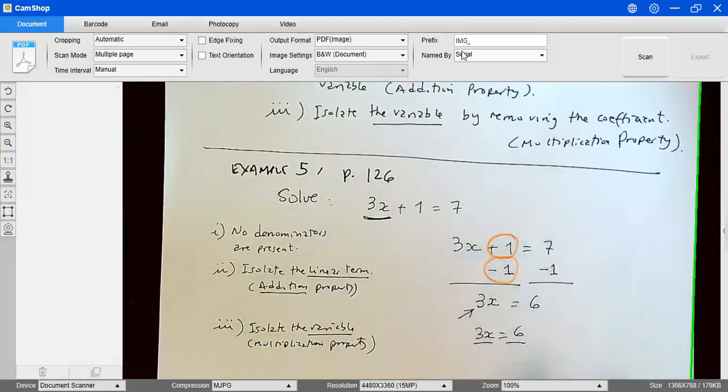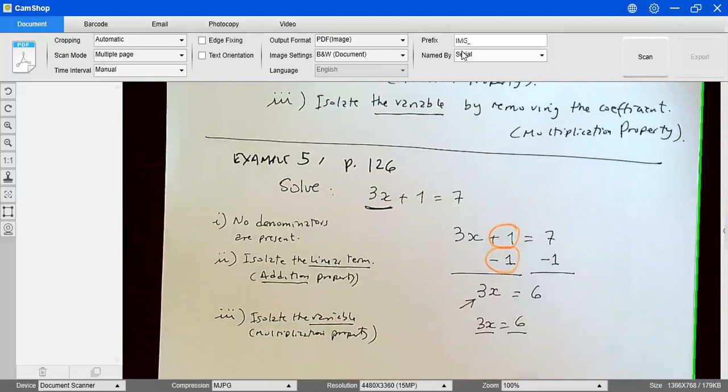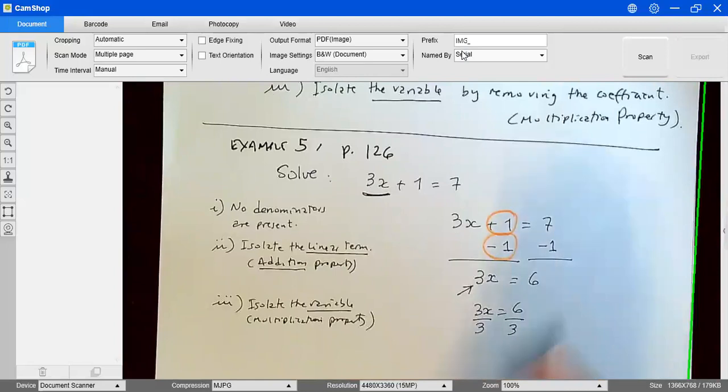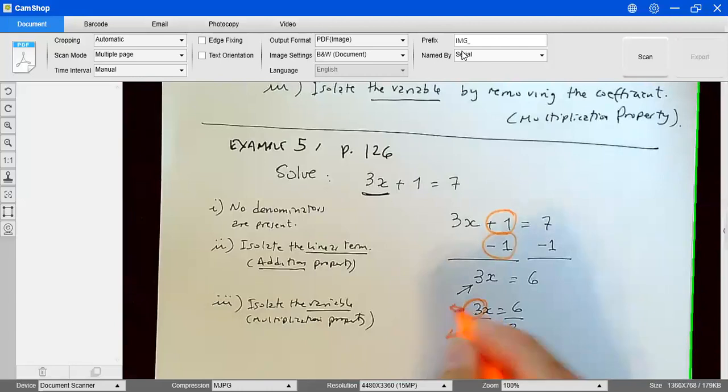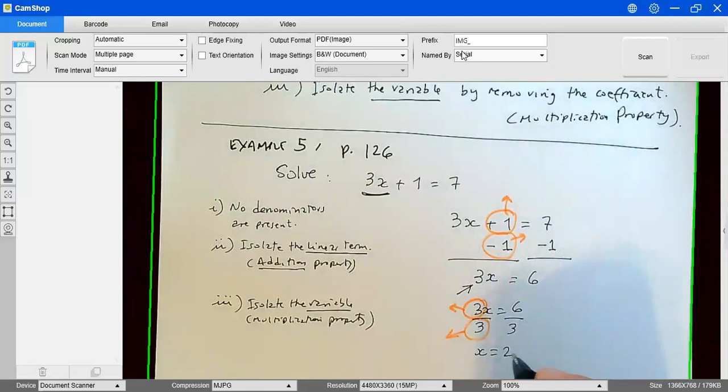We want to remove this 3, so we divide by 3 both sides of the equation. That allows us to get rid of these numbers here. So this vanishes, this vanishes, this vanishes, this vanishes. We end up with x only on the left-hand side, and we got here 2.